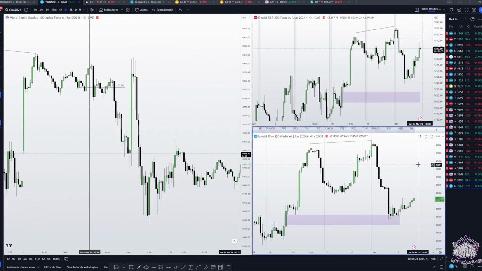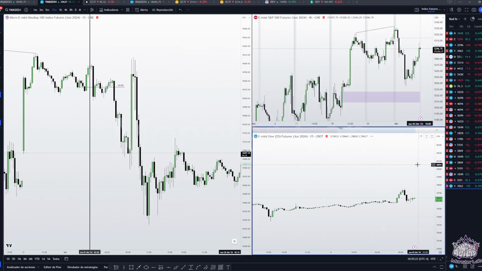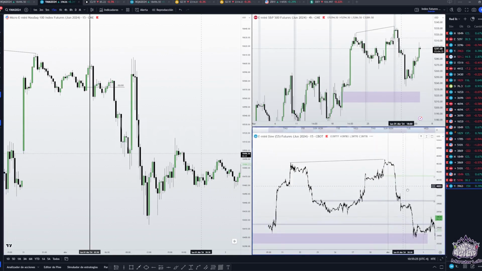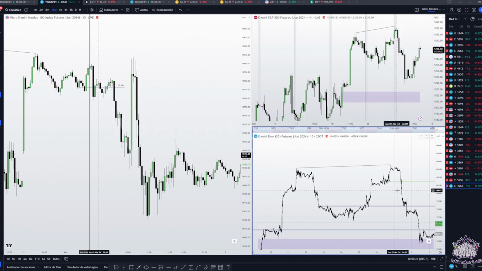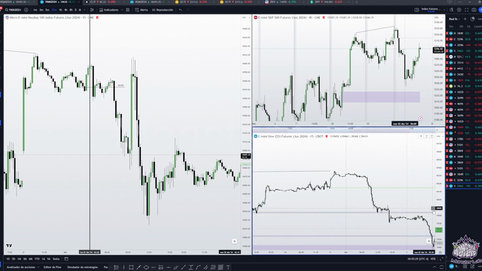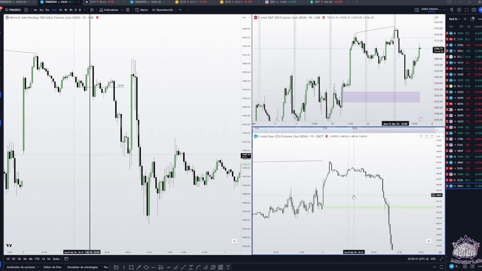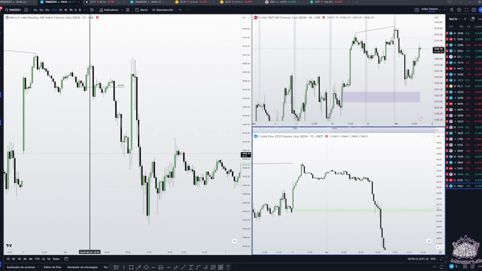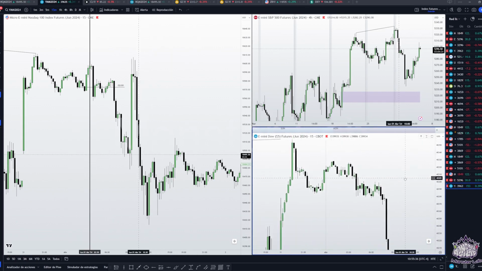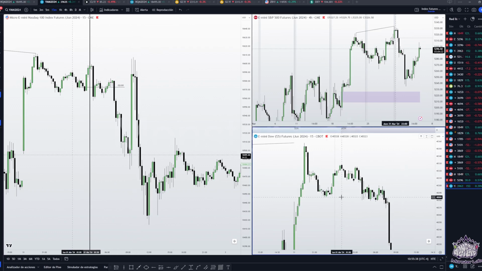So looking for one SMT here, for example with Dow, here in the same high, the 1 AM here.